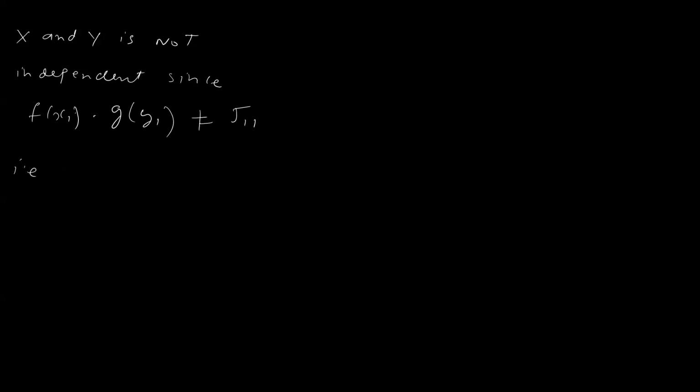That is 1 by 2 into how much is g y1? 1 by 8. 1 by 2 into 1 by 8 is actually equal to 1 by 16, but j11 value is 0 given here. So therefore 1 by 16 is not equal to 0.